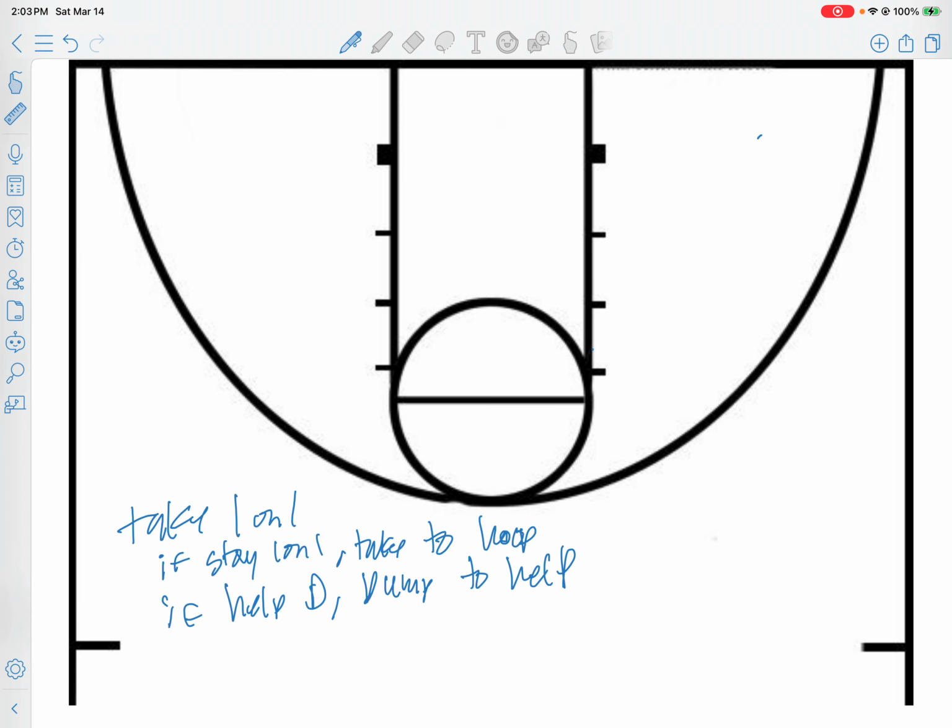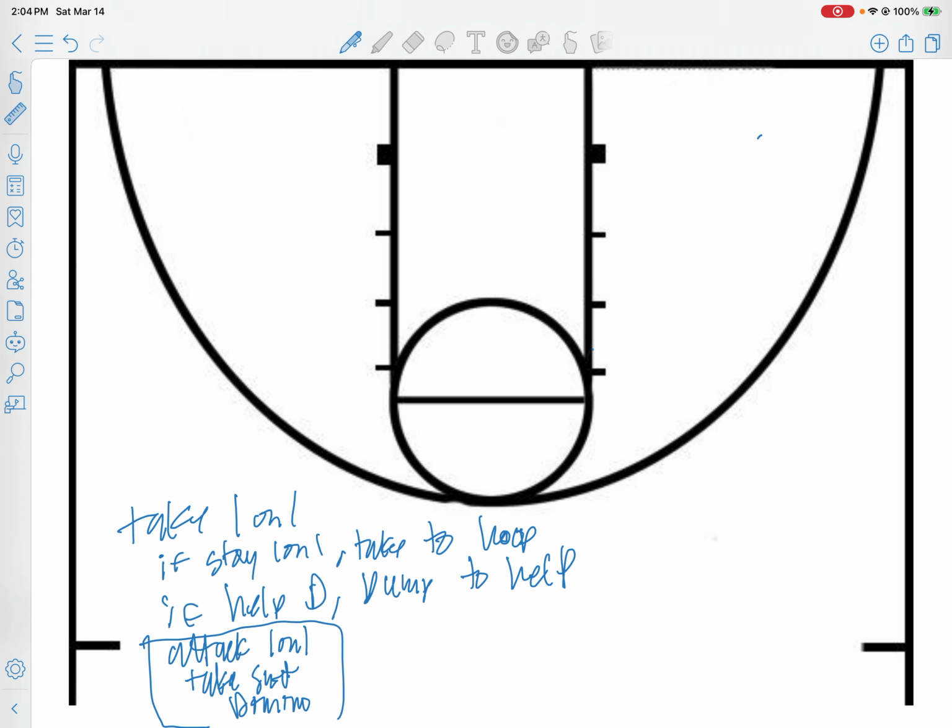Okay, and then the help side offense, when you get the ball, you could either attack the one-on-one again and restart this, or you can take the shot, or you could start a domino.